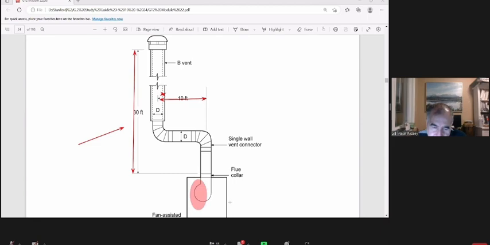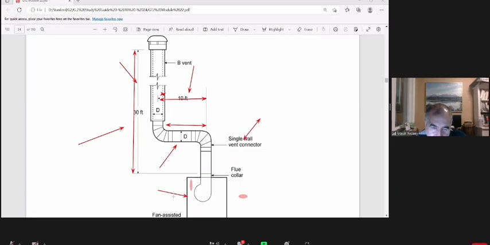Okay? Fan assisted. So in here, we do have one appliance. It's only one appliance, right? Single appliance. H is 30, lateral is 10. This connector, it says single wall. Single wall means C vent.